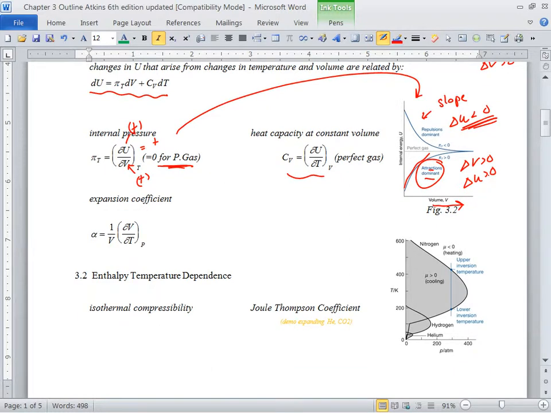Expansion coefficient. Let's see if we're following this here. Let's say alpha was huge. All these real gases have different values that are tabulated, and you can plug in the numbers. But if this was large, what's the big deal?